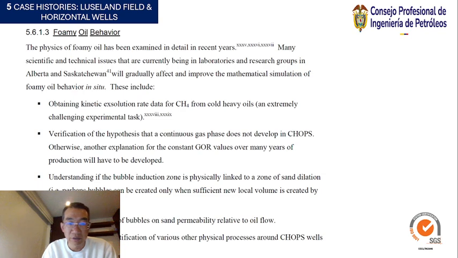Quantifying the effects of bubbles on sand permeability relative to oil flow, and quantification of various other physical processes around foamy oil wells.